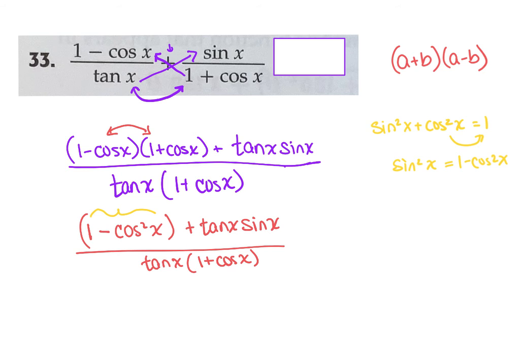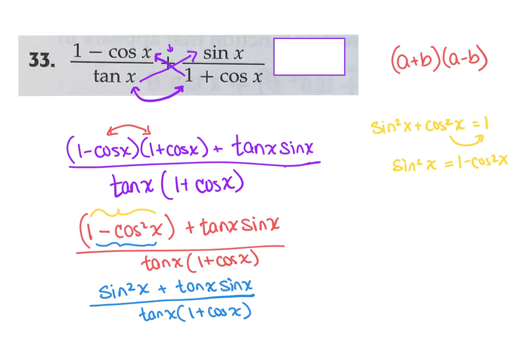So I'm replacing this piece right here with just what? Sine squared of x plus tangent x sine of x, all over tangent of x times 1 plus cosine of x.